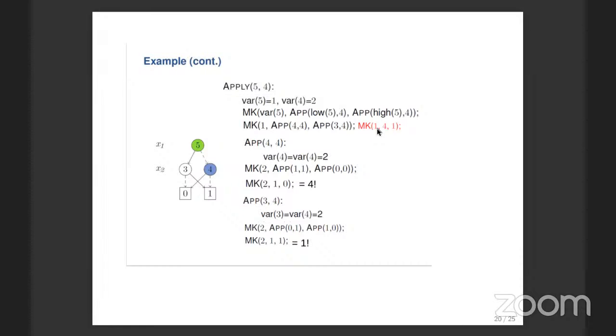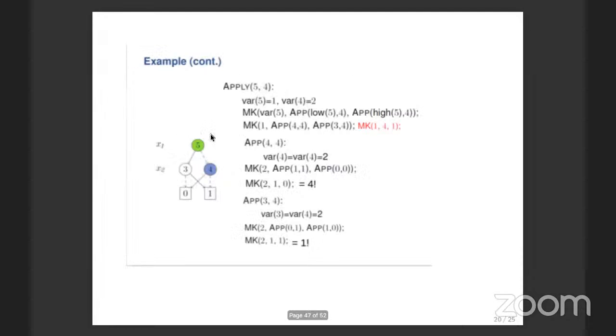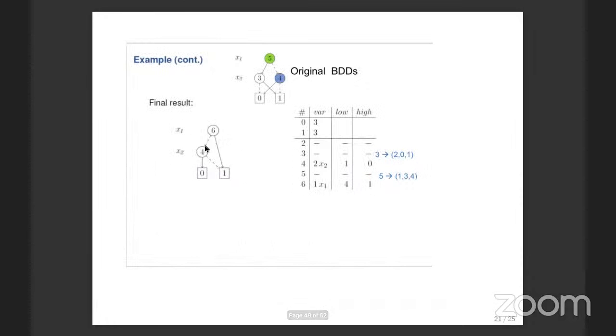So that makes a new node. And that's 6, okay, which stores the variable 1, and the low side is 1 and the high side is 4, which is exactly what is constructed. Okay, so that is the final result.